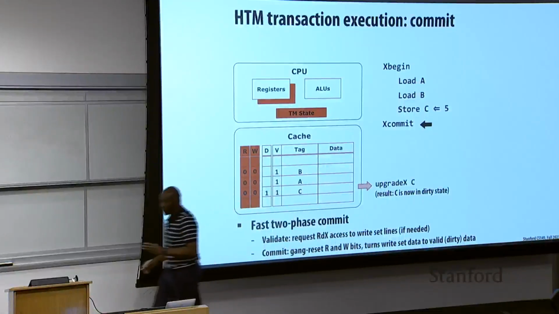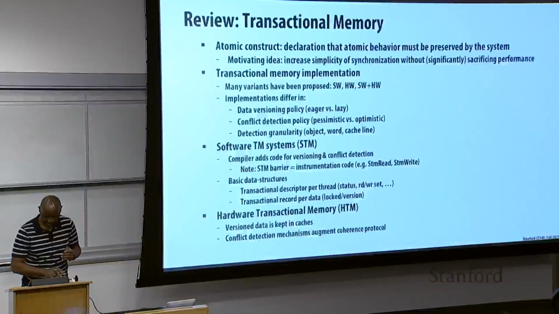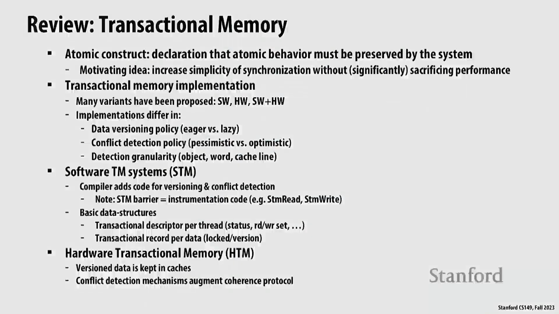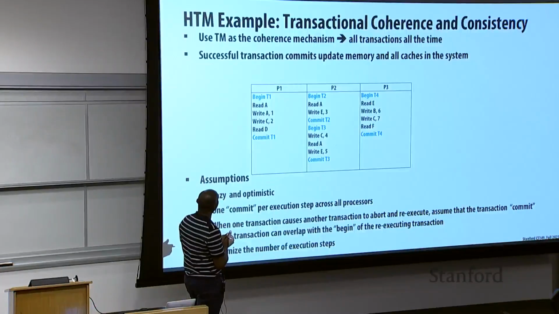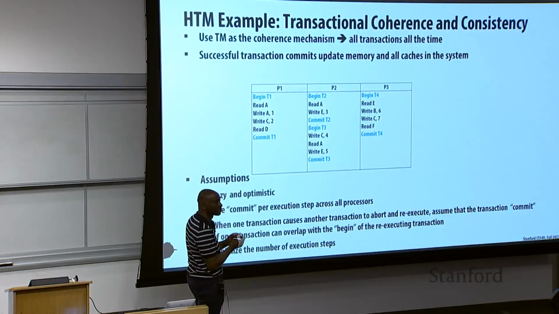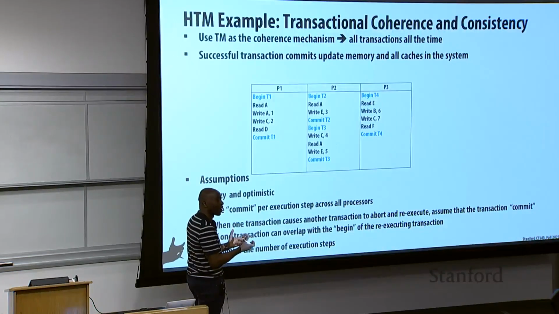All right, so we can do the review. Let's do one more example. This is in fact an explicit lazy optimistic scheme in which the way that you do coherence is with the transactional memory system.